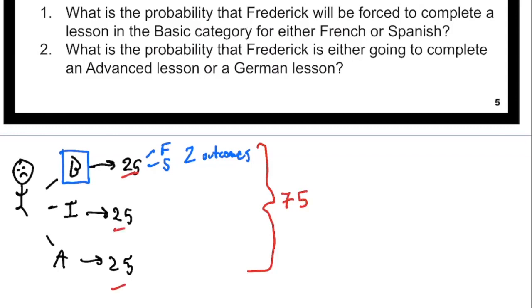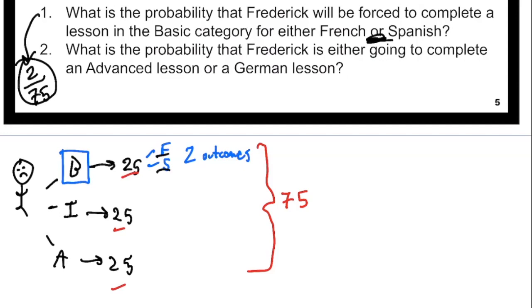So for number 1, our answer is going to be 2 out of 75. So only in the basic category, only French or Spanish. And again, we can add these up. There's 1 outcome for French, 1 outcome for Spanish.